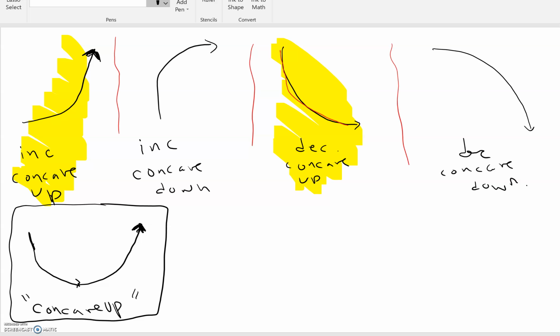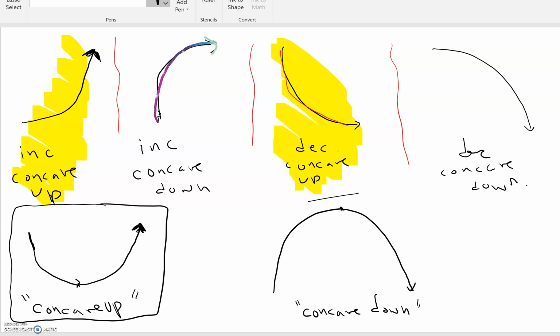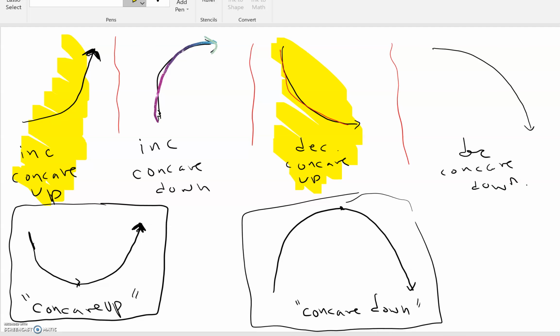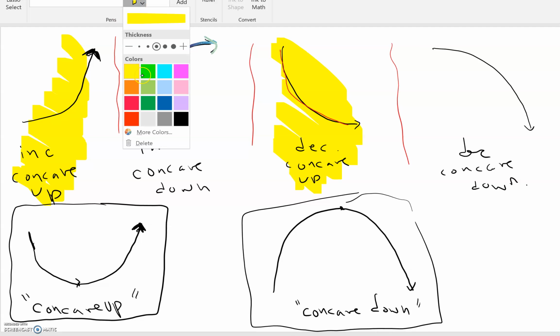Now, if we do the same thing with the concave down, we start with this one, and then we glue this one to it. You will have a nice picture. It looks something like this, right? So this is general concave down. I can shade that in.